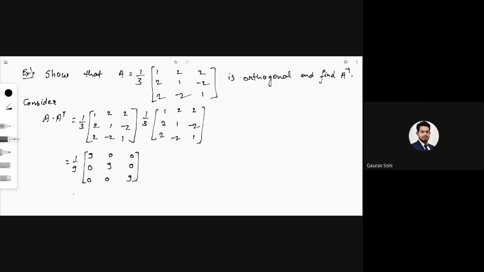Let's check the calculations. So it's correct. So when you multiply by 1 by 9, the diagonal will become 1. All the other entries are 0. So A into A transpose has become identity. So we can declare that A is orthogonal.